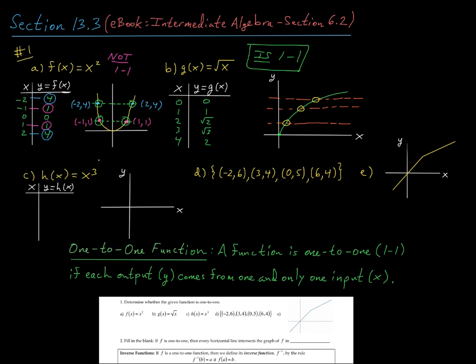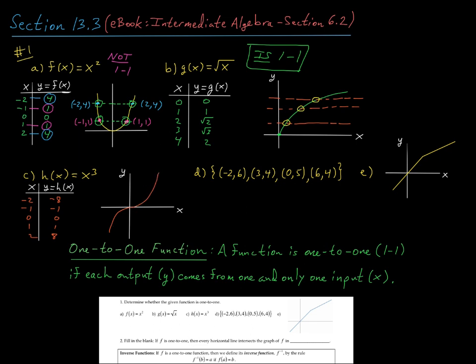Okay, part C, well, very similar. Just go ahead and plug in a few values of x. So if I plug in, say, -2, -1, 0, 1, 2. Now I'm cubing the input. So I'd get -8, -1, 0, 1, 8, so on and so forth. The graph of this function looks like this.